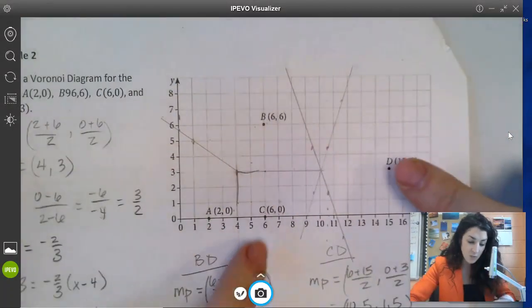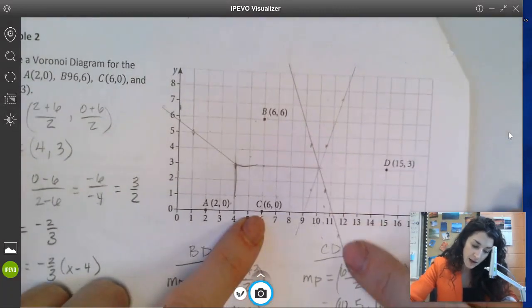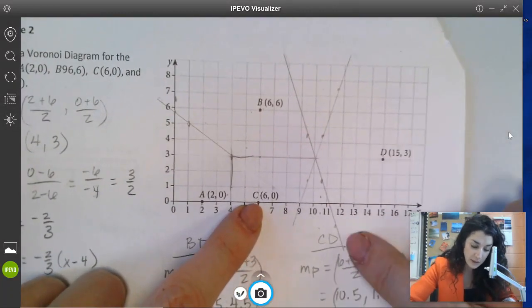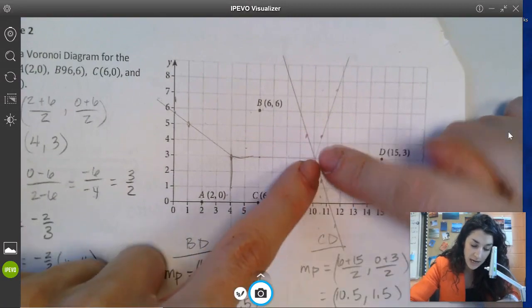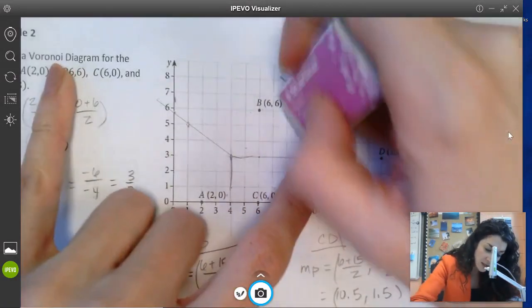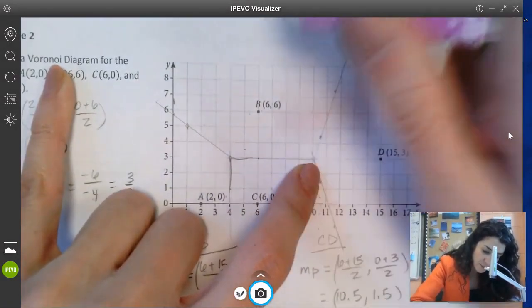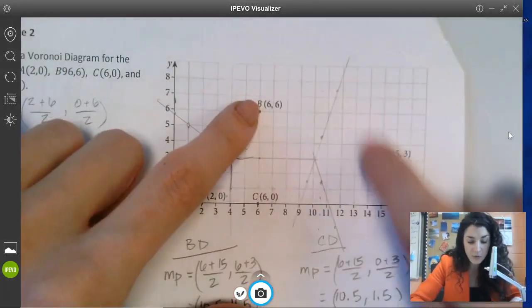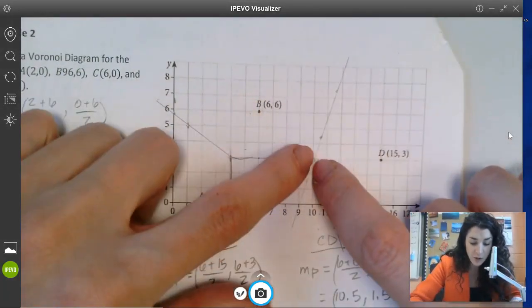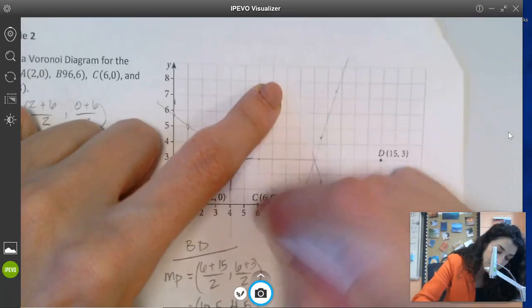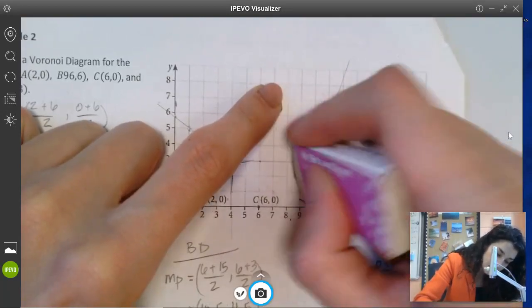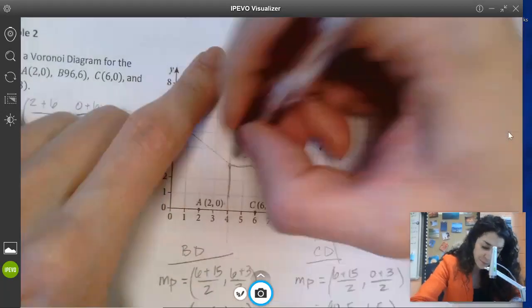The perpendicular bisector between C and D is this guy right here. So being able to say I care about it here, but afterwards I don't care about it, so that's where I erase. Perpendicular bisector between B and D, after the point of concurrency, don't care about it, and I erase up to there.